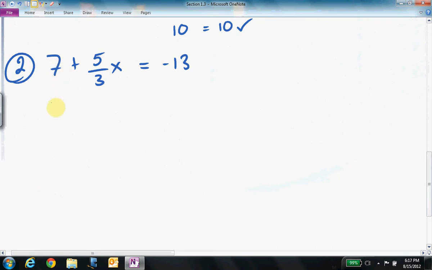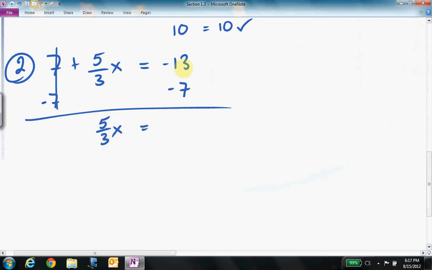So in order to get rid of that positive 7, we want to subtract the 7. If you see addition or subtraction is possible, you're always going to want to do that first when you're solving an equation before you multiply or divide. So 7 minus 7 gives us 0, and we're left with 5/3 x equals negative 13. Take away 7, we're left with negative 20.